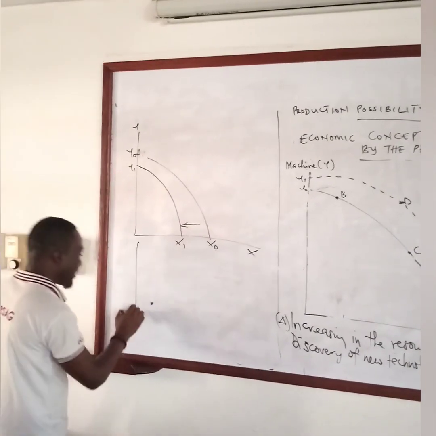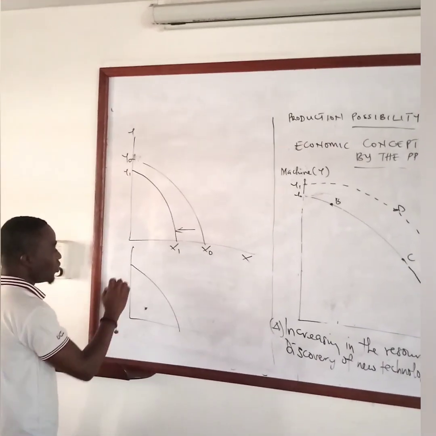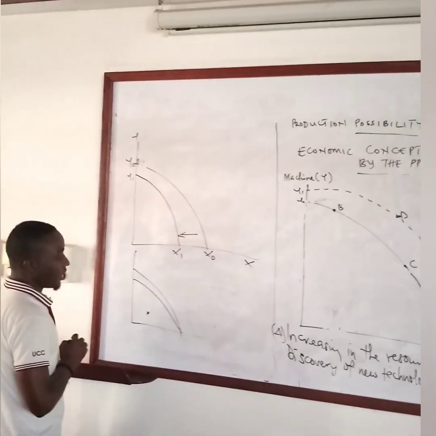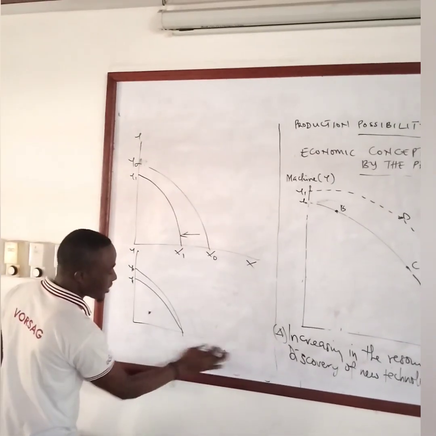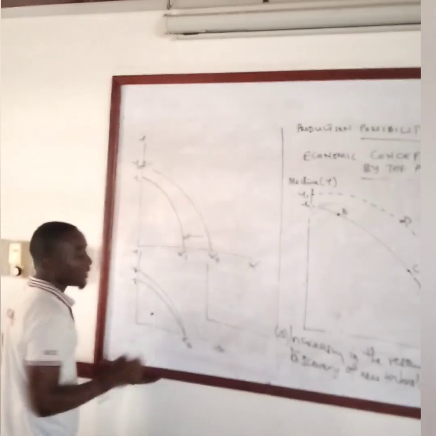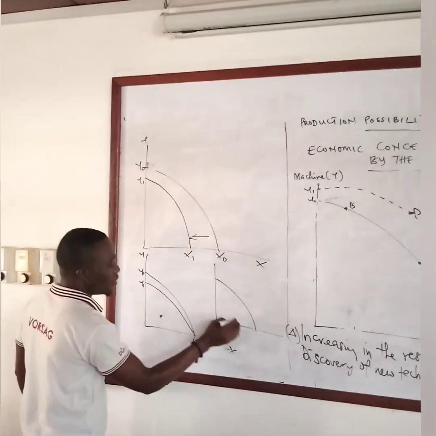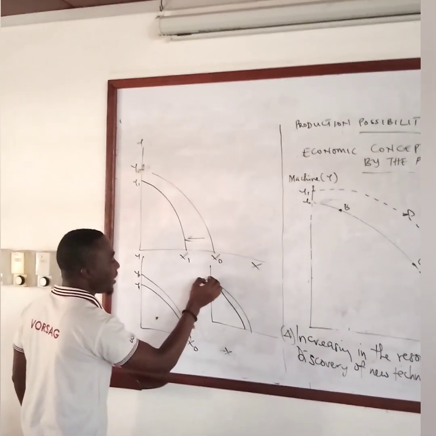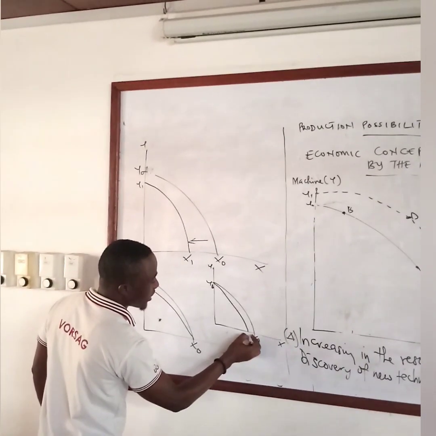If it happens that the resources were just for production of Y and they shrink, you will see that Y will reduce while X remains the same. So we have Y naught, Y1, Y, X here, we have X naught. And what happens if it is X that the resources have reduced? In that case, it is X that will shrink while we have Y. So this is rotating inward. Y, X, X naught, and X1.